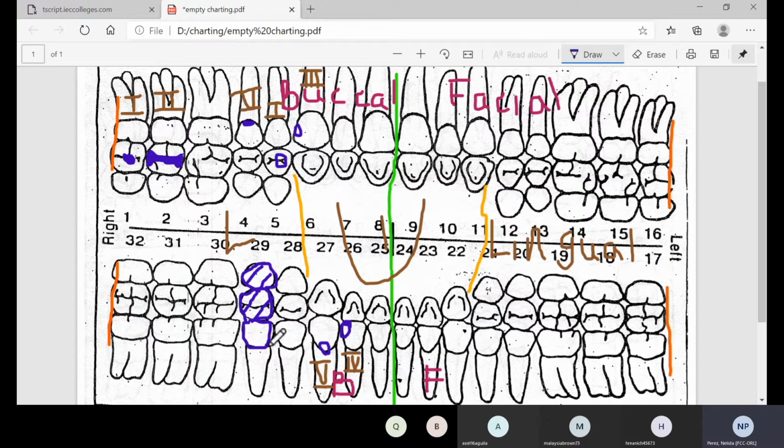If it's just outline, it represents what? Porcelain. So this crown that I made on number 29 is a porcelain fused to metal crown. So in short, PFM. This is a PFM crown.